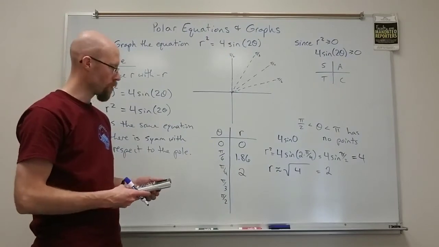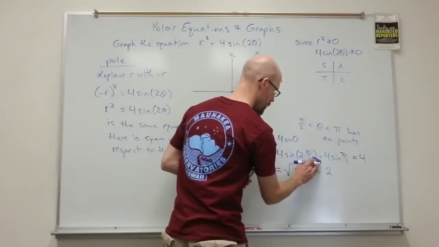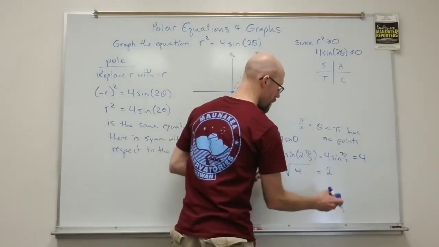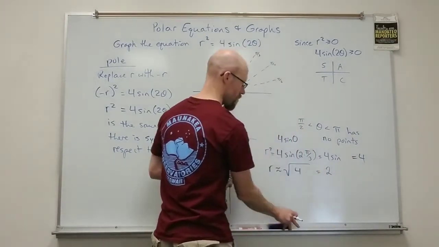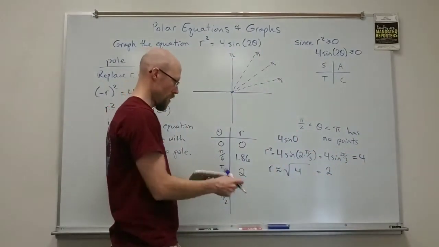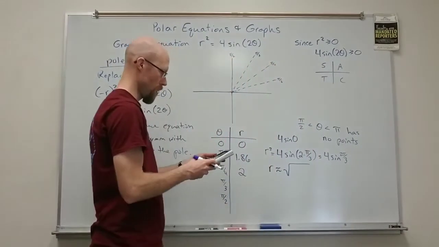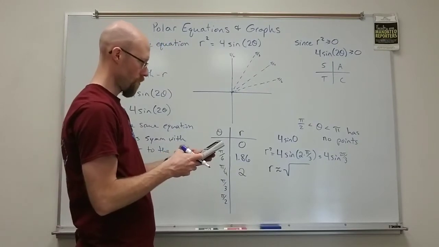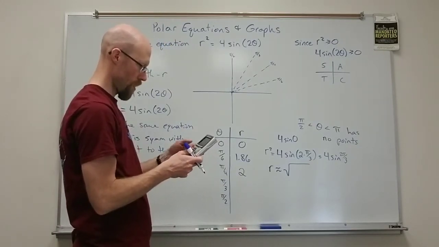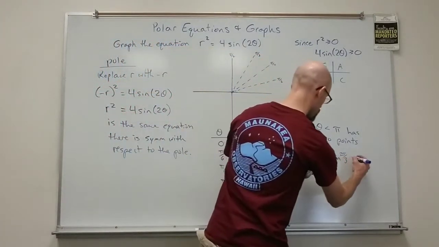Now we can do the same thing for pi over 3. If I plug in pi over 3, 2 times pi over 3 is just 2 pi over 3. And if I plug those in, 4 sine of 2 pi divided by 3, that gives me, oh, look at that.